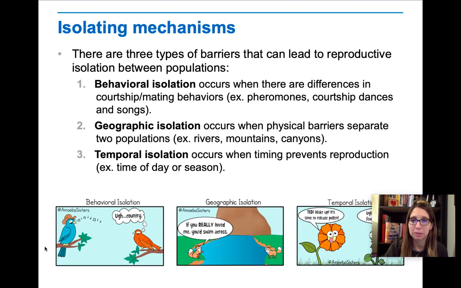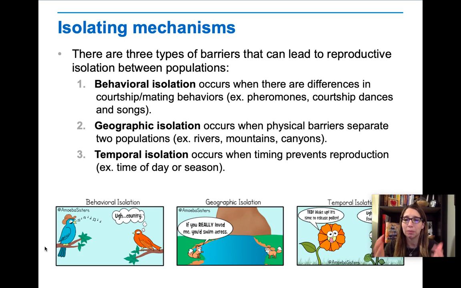Okay. So we're going to talk about them individually right here. And then we're going to come back and use Darwin's examples with the Galapagos finches to provide some real tangible examples of this stuff. So behavioral isolation, like I mentioned, is where we have differences in the behaviors among two different populations.